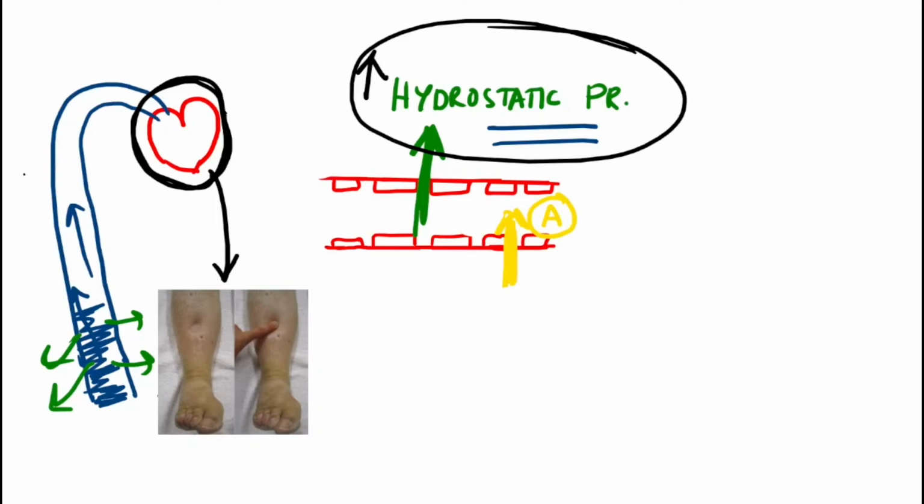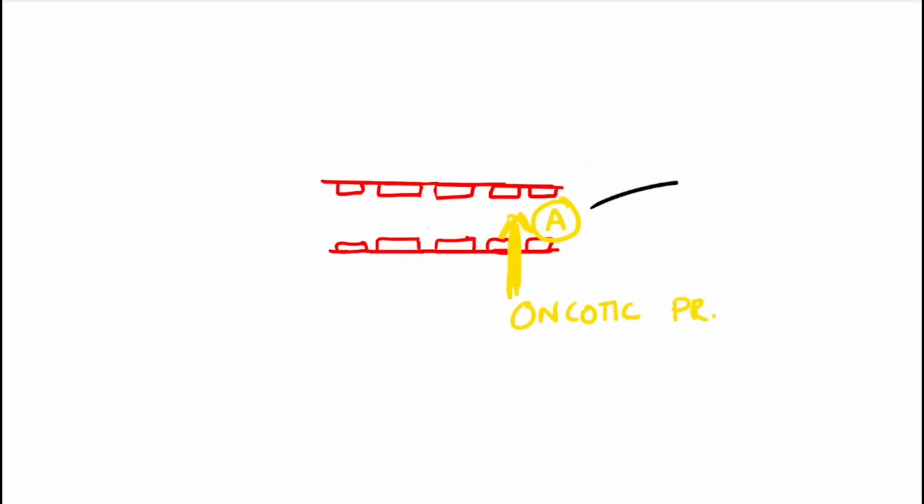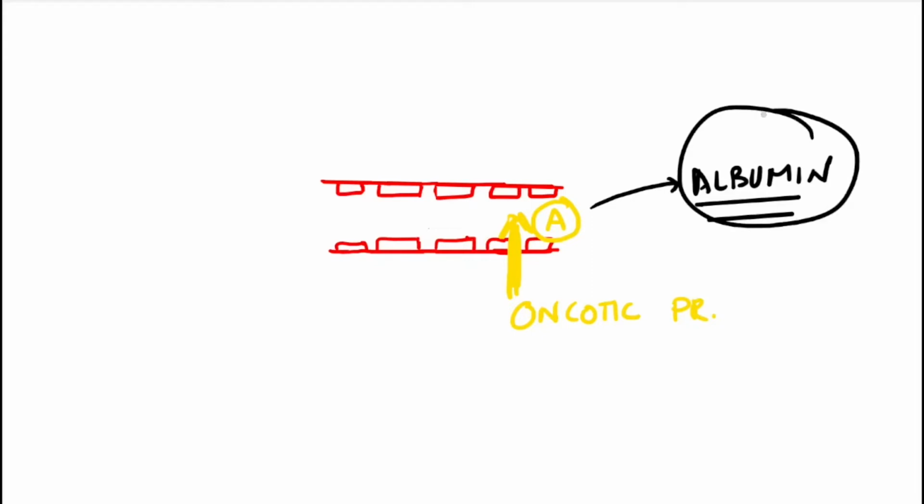Now, if venous obstruction occurs due to some local cause, say a tumor pressing onto the vein or lymphadenopathy, again, edema of that area can occur through increased hydrostatic pressure. Albumin is the most abundant plasma protein, and albumin contributes to most of the oncotic pressure. If albumin is reduced in blood, oncotic pressure reduces, and fluid can leak out of the blood vessels.